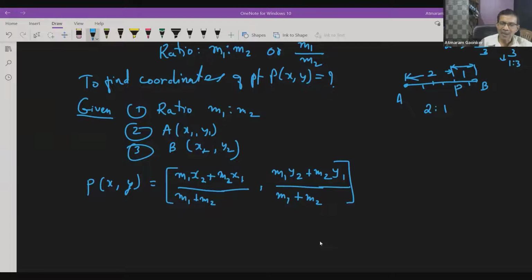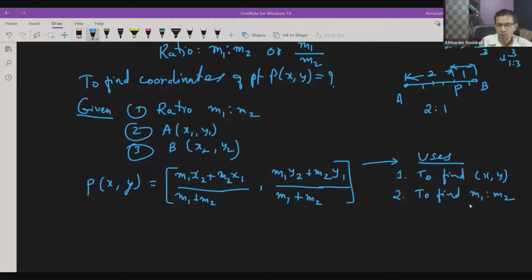This formula is also used for other things, now I will tell you the uses. As you have rightly told, this is used to find x comma y. The second thing is this is used to find m1 is to m2.